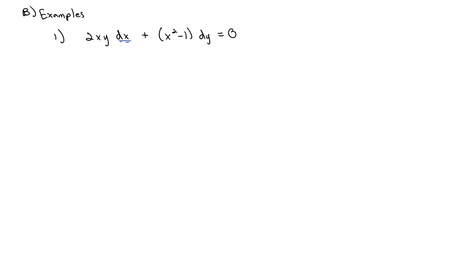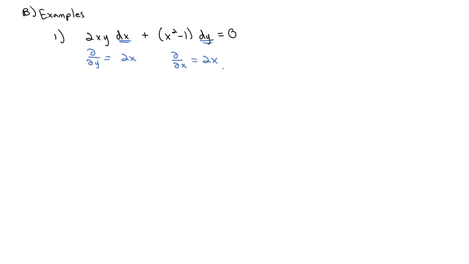The dx means that part's already done the partial with respect to x, so I'm going to do the other variable and take the partial with respect to y. And when I do that, I end up with 2x. The dy implies that we've already done the partial with respect to y, so I'm going to do the partial with respect to x, which is also 2x.